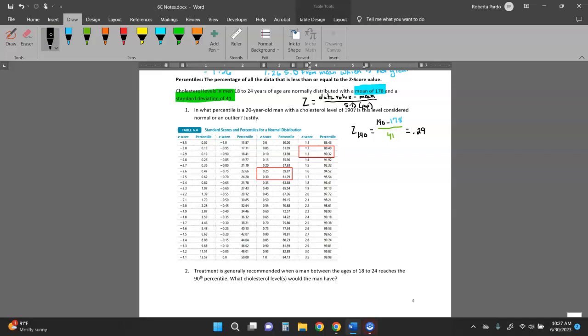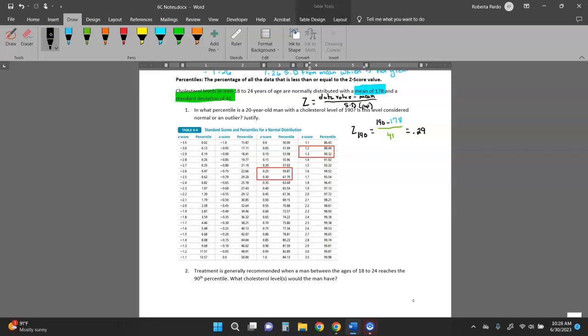So I've highlighted over here where our z-score falls. So this is what we call a percentile chart. And this is a chart in your book. If you're doing My Math Lab, they'll have one that pops up for you. You can Google percentile charts very easily. So 0.29 falls between 0.25 and 0.30.